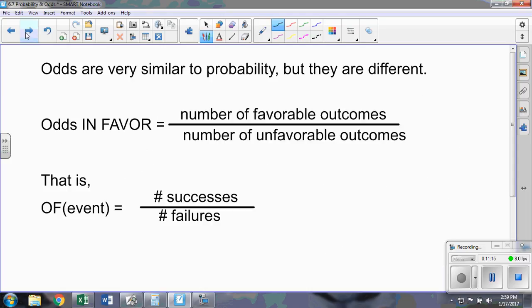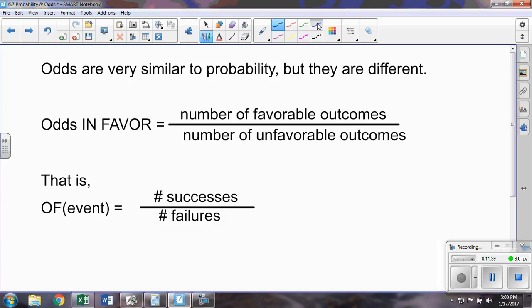One topic that's very, very similar to probability is odds. The big difference between probability and odds is actually the definition of the ratio. When you were doing probability, we said it was the number of successes over the number of total outcomes. This one's different.